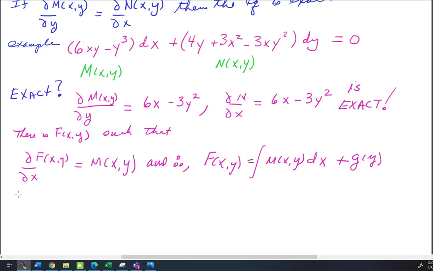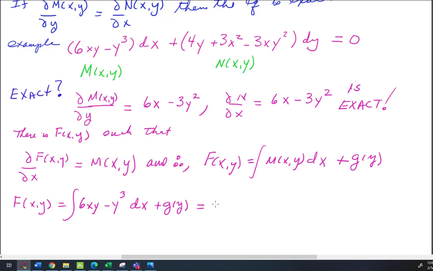Well, let's proceed here and see if this takes us down the rabbit hole, or if we get something interesting. So f of x, y would be the integral of M. What is M? You see M is 6xy minus y cubed, and we're differentiating with respect to x. I've got to remember I've got a g of y there.